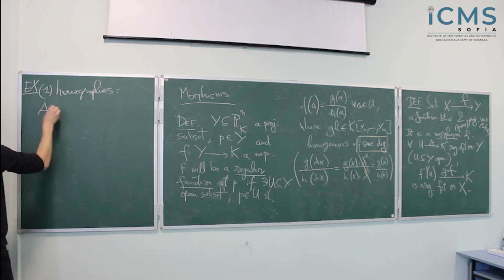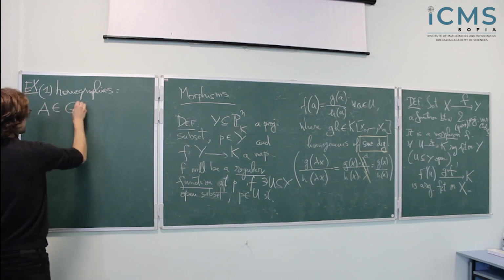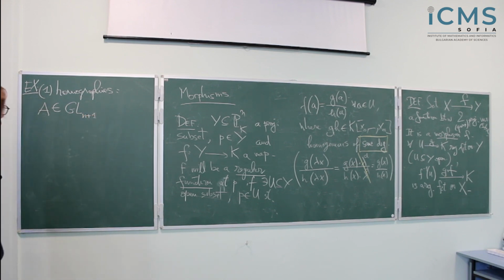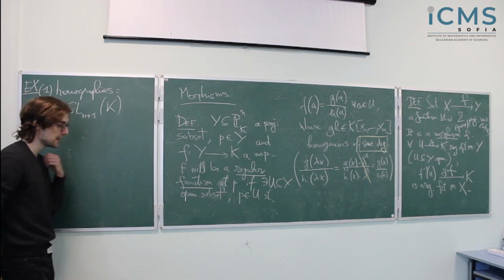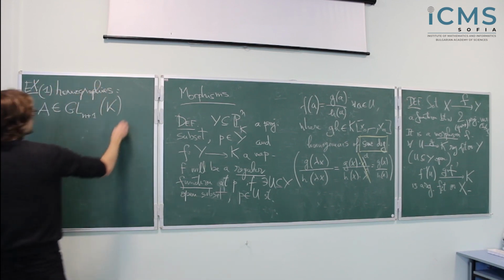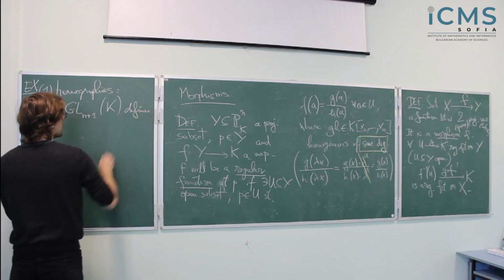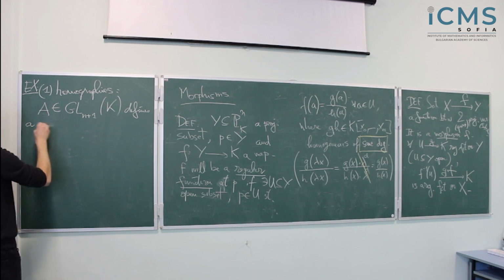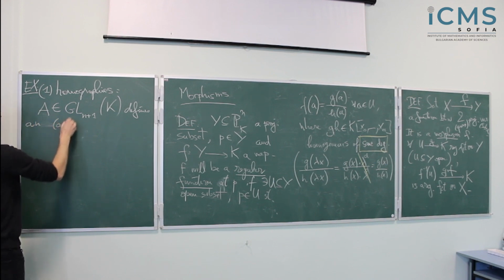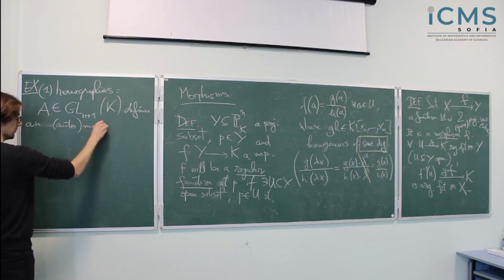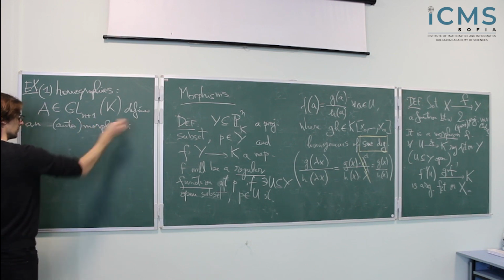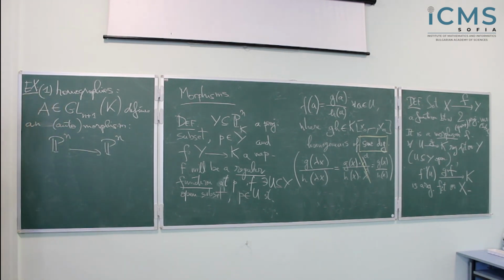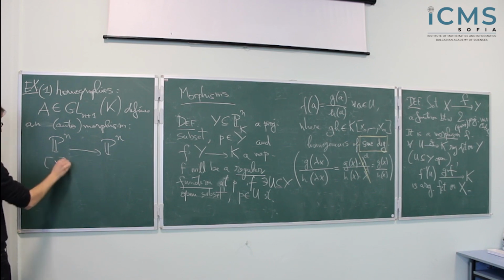So if I take a matrix, let's consider an invertible matrix of size n plus 1, with coefficients in K. This will define actually an automorphism Pn to Pn, which looks like this on the homogeneous coordinates.